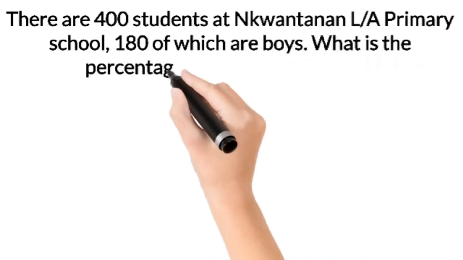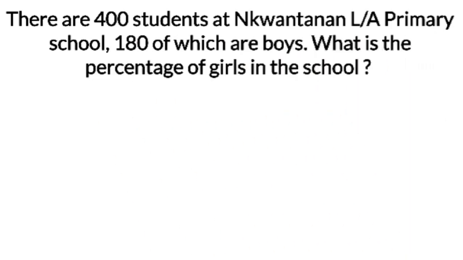There are 400 students at Nkwantanan LA Primary School, 180 of which are boys. What is the percentage of girls in the school? Still, this is also a word problem. The number of students was given to be 400. The number of boys in the school was given to be 180.